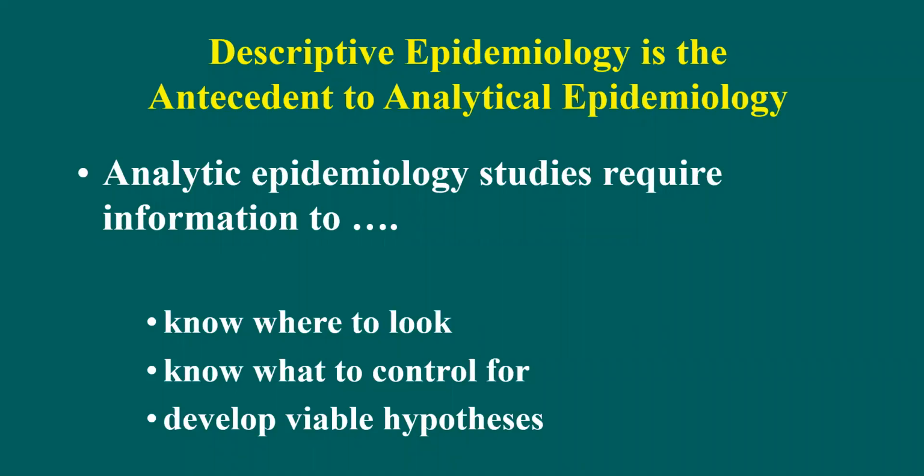But after understanding the descriptive statistics, or how things appear in terms of person, place, and time, you can then move further to analytic epidemiology, where you go into detail. You want to know where to look, you want to know what to control for, and then to develop viable hypotheses.